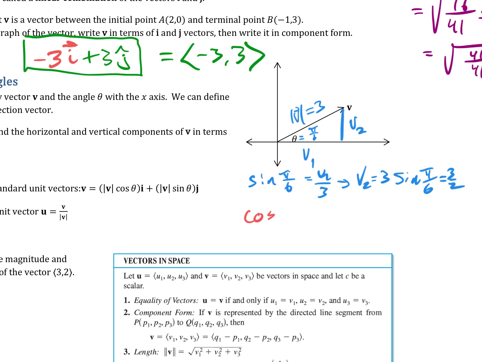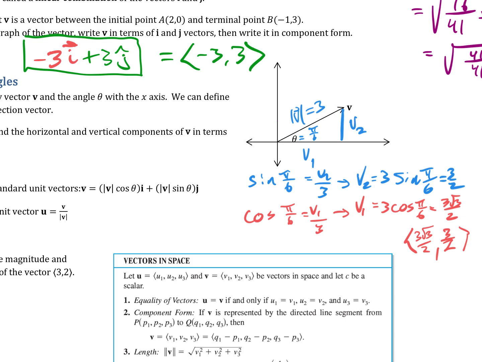We know the cosine of pi over 6 would be V1 over 3. Multiply both sides by 3: 3 cosine pi over 6. We know the cosine of pi over 6 is root 3 over 2, so this is 3 root 3 over 2. So if we know the angle, then we can find the components with sine and cosine like that. So this would be 3 square root of 3 over 2, comma 3/2.